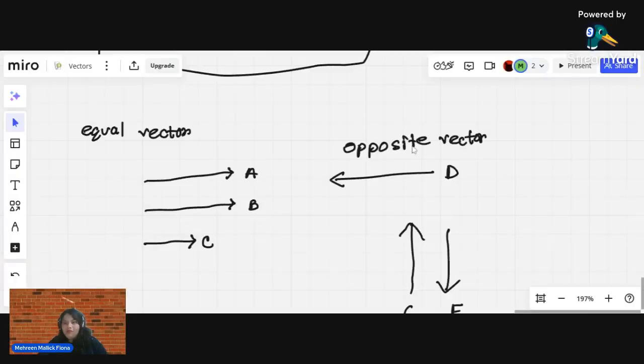So now that we are familiar with certain vectors, let's do an example. Let me get an example.